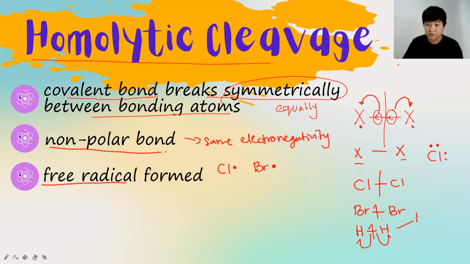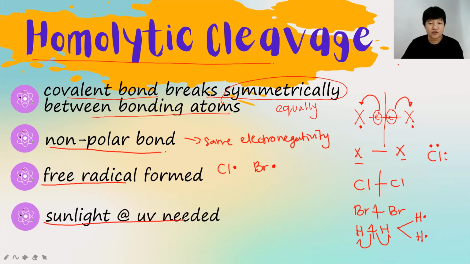So the hydrogen will be a free radical with one single unpaired electron. That is what we call a free radical. Sunlight and UV are needed for this homolytic cleavage process because the function of sunlight is to provide energy. Sunlight is the source of energy for this homolytic cleavage.